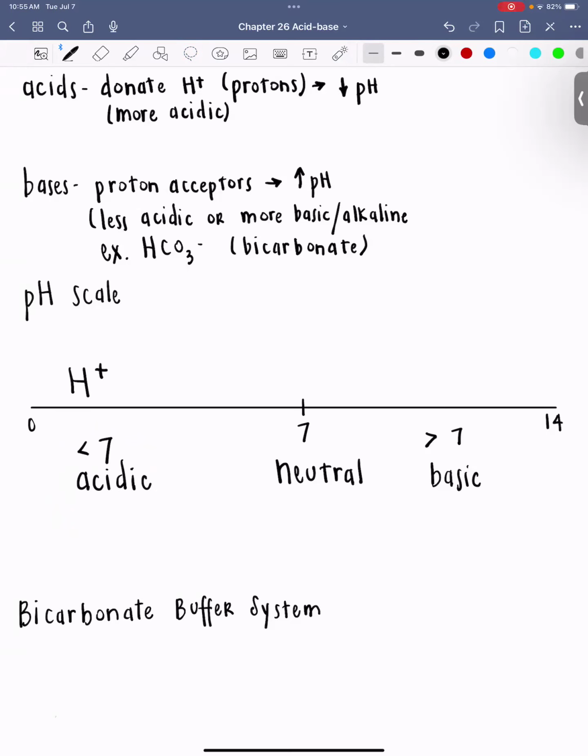If we look at the balance of hydrogen and bicarbonate, an acidic pH has more hydrogen ions than bicarbonate, and a basic pH has fewer hydrogen ions than bicarbonate, or we can say the amount of bicarbonate is greater than the hydrogen ions.